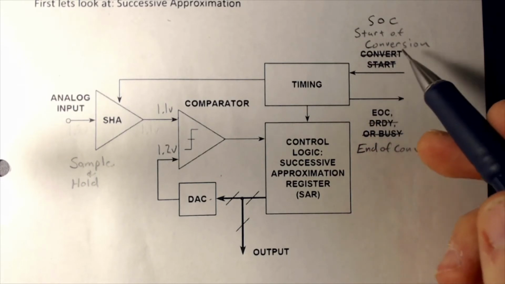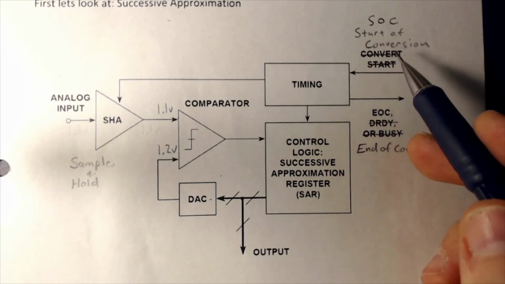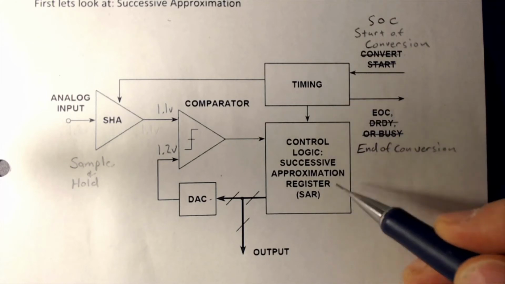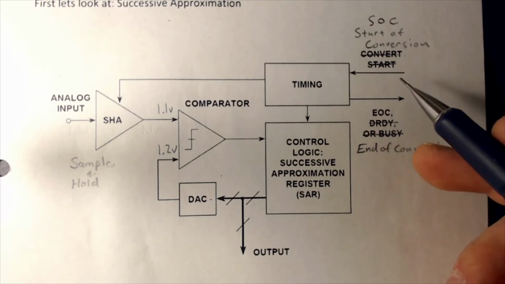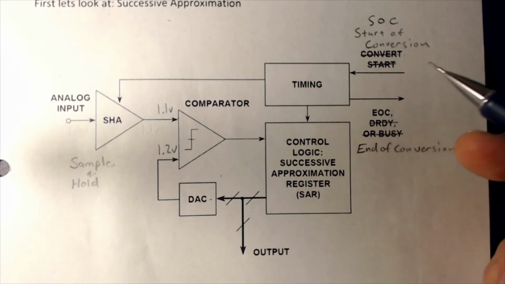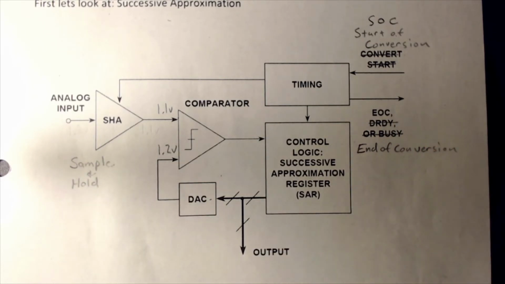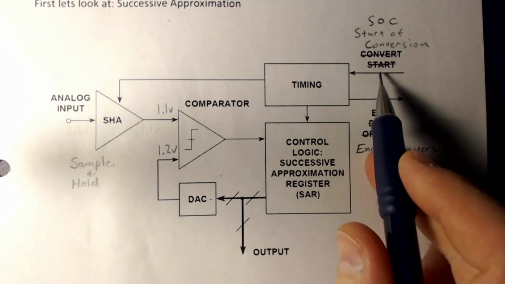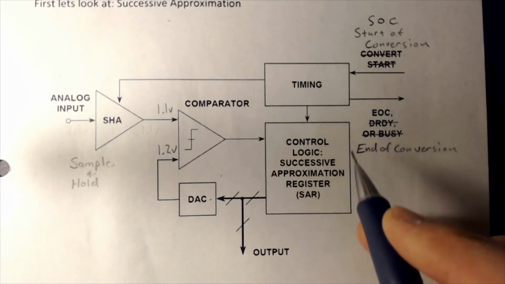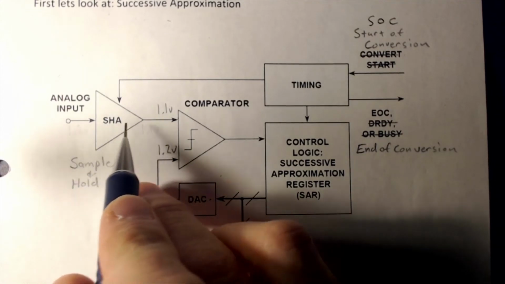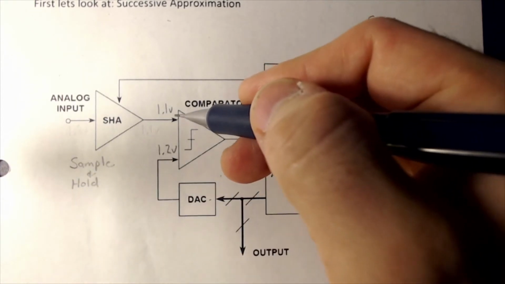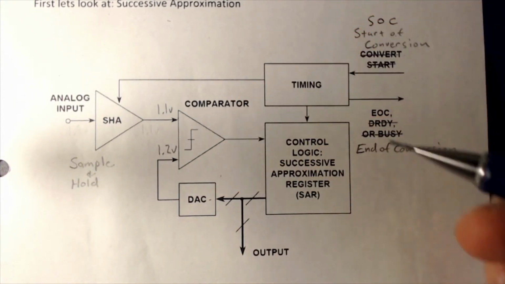Now, the start of conversion, as I said previously, just tells the timing and control logic that we want to start converting a value from analog to digital. So we would initiate that state machine to first do the sample and hold, and then start performing these comparisons.